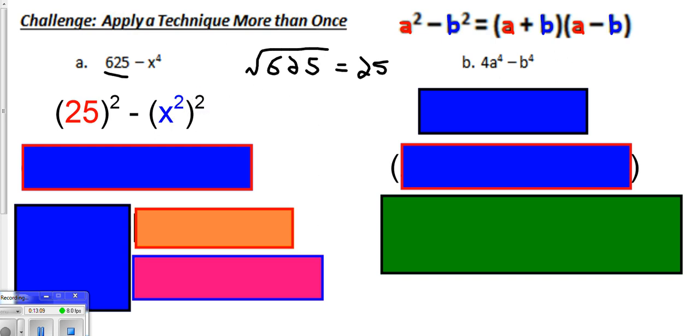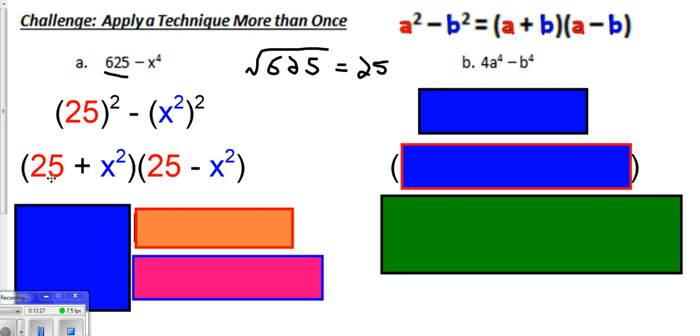So with that in mind, these are our two new values. We'll plug 25 in as the a value, so all of the red pieces here. We'll plug in x squared as our b value, so all of these blue values, and we'll make it look just like this form. When we do that, we have the binomials 25 plus x squared and 25 minus x squared.